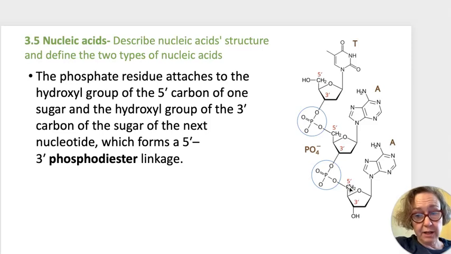We're numbering the carbons. 1, 2, 3. So the 3' or the number 3 carbon is attached to this 5' that's kind of hanging out here, right? It's not part of the cyclo. It's not part of the chain. Okay, so you've got the 5' connected to the 3'.